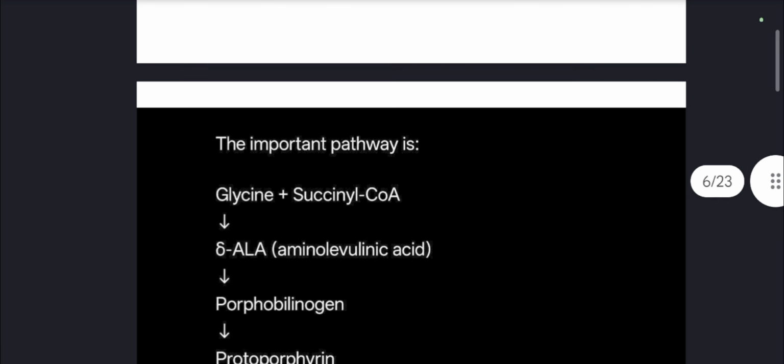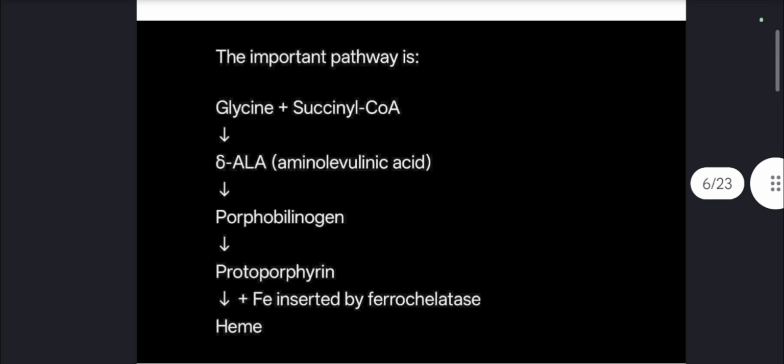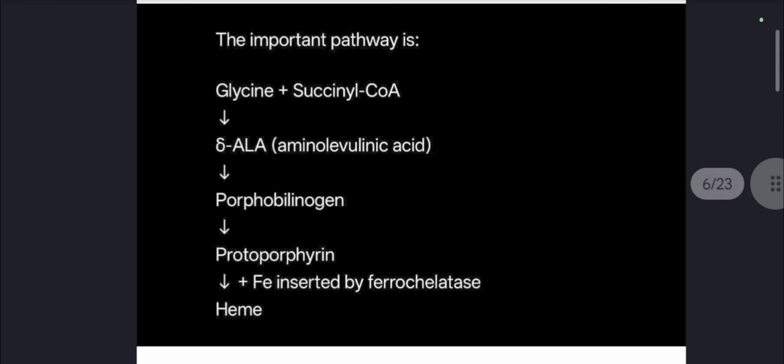Now let's see the exact pathway of heme synthesis. This is important for MCQ purpose. The very first thing is the union of glycine and succinyl CoA, which leads to the formation of ALA, aminolevulinic acid. This is further converted into porphobilinogen, and then to protoporphyrin, which is joined with iron by ferrochelatase, and then converted to heme.